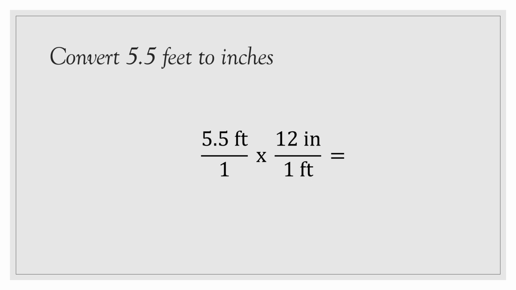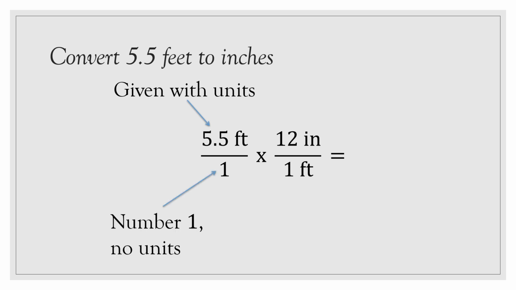This first fraction is built by taking whatever quantity we are given with its units and simply placing that over 1. So everything we're looking at so far just comes from what we were given, right? This 5.5 feet gets placed here, and the 1 goes in the bottom just to make it look like a fraction.